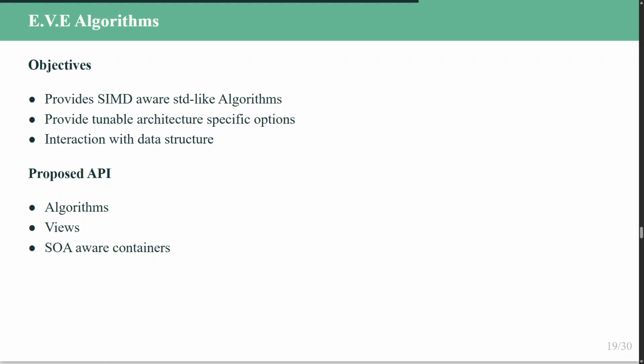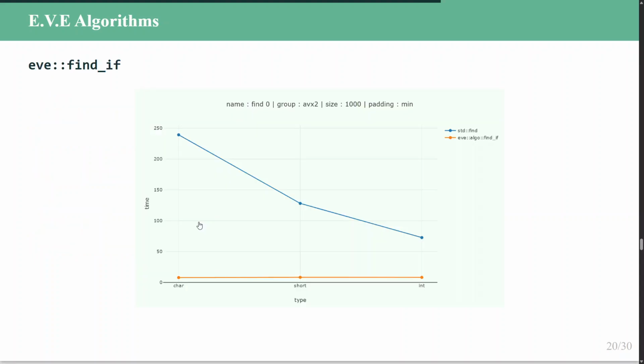Yeah, except not. Let's have a look at a very simple algorithm, which is find_if, okay? So in this benchmark, we try to find a zero in an array of 100 bytes, okay? So the size is very small because we want to be sure that we are not affected by L2 cache misses and whatnot. It's in bytes, so we can see the impact of the actual size over the basic benchmarks.